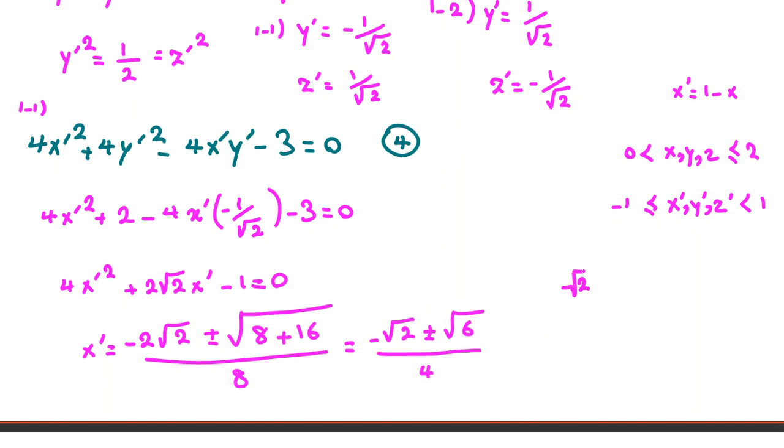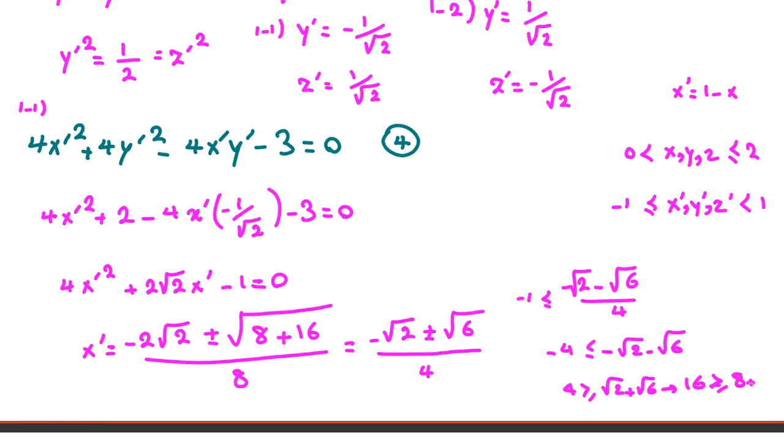If we have this negative, let's check it, negative root 2 minus root 6 over 4, it should be greater than or equal to negative 1. So 4 should be greater than or equal to root 2 plus root 6. If we square, 16 will be greater than or equal to 2 plus 6, 8 plus 2 root 12. And then 8 should be greater than or equal to 2 root 12, so 4 should be greater than or equal to root 12. It will be okay.